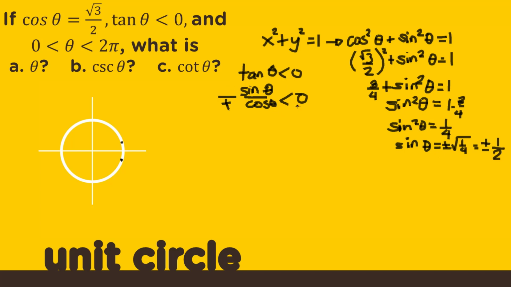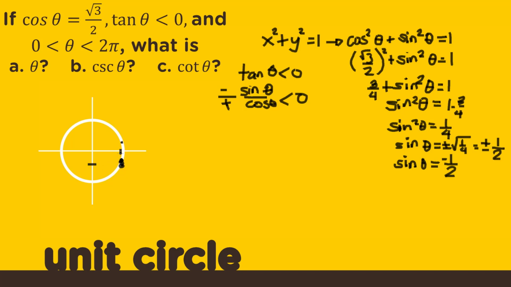Less than 0 means negative. If we take positive 1/2, positive divided by positive is positive, so this will not be satisfied. This means we are only going to accept negative 1/2. In short, the final answer for our sine theta is negative 1/2. This would mean we are choosing this point here.